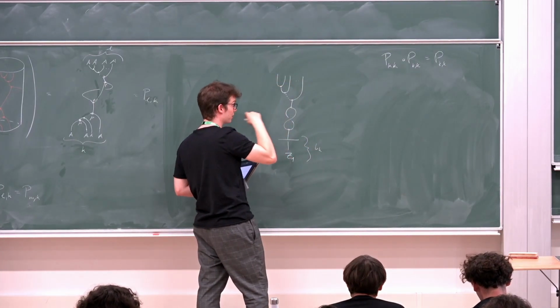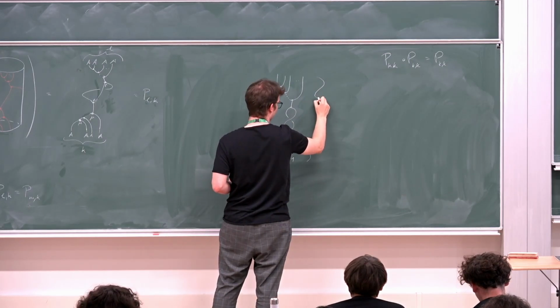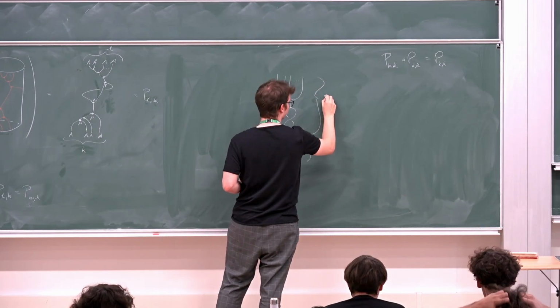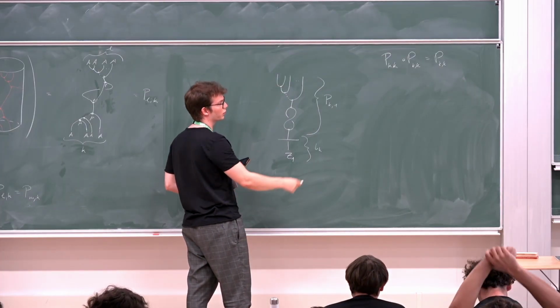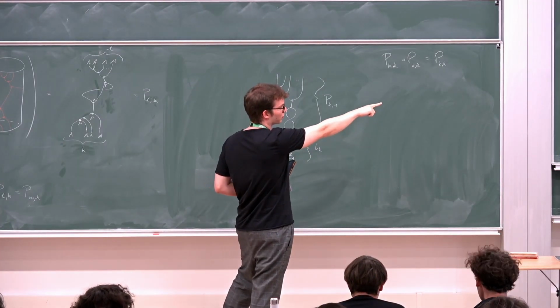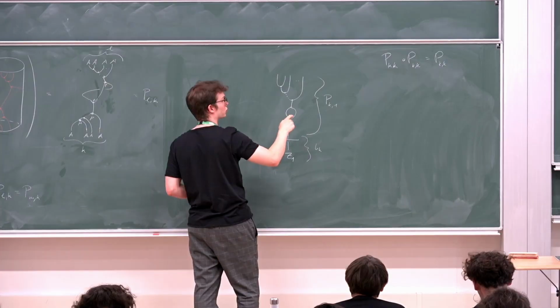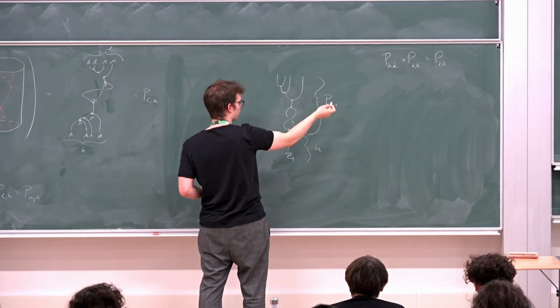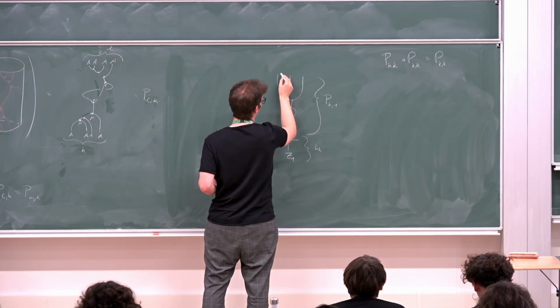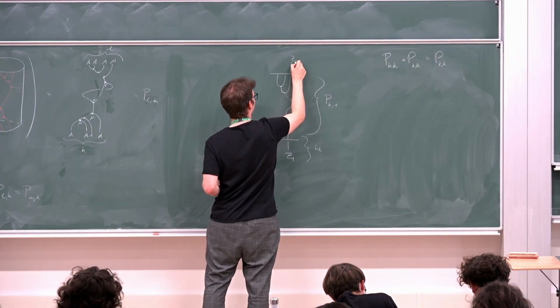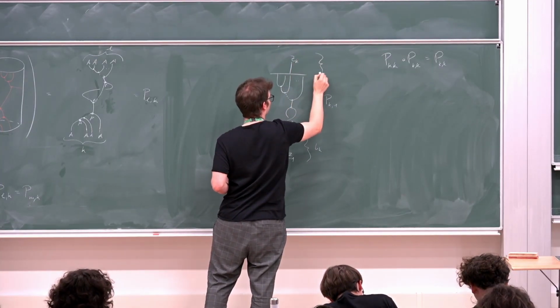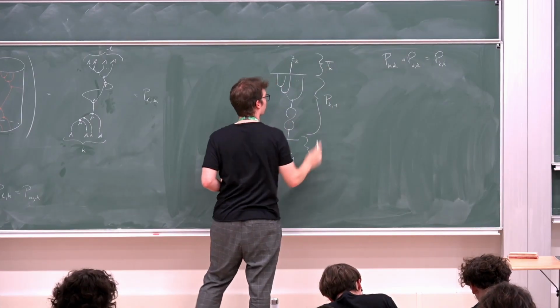And now we want to continue with pi k, so the projection onto zk, so the image of pi kk. And this we write like this.